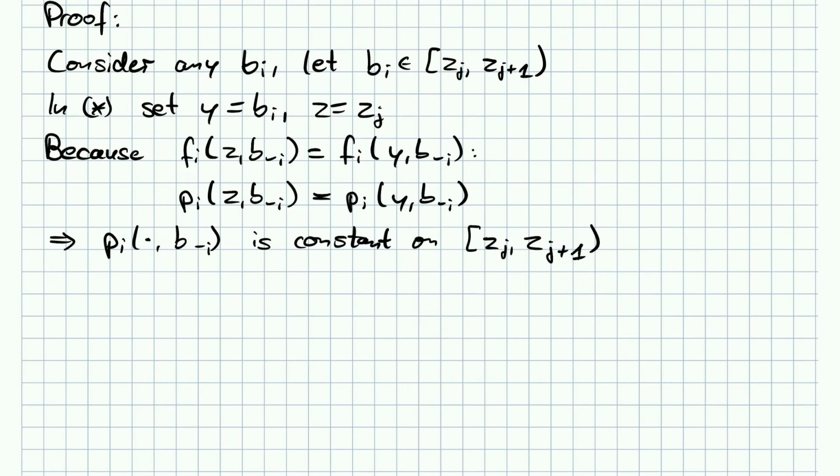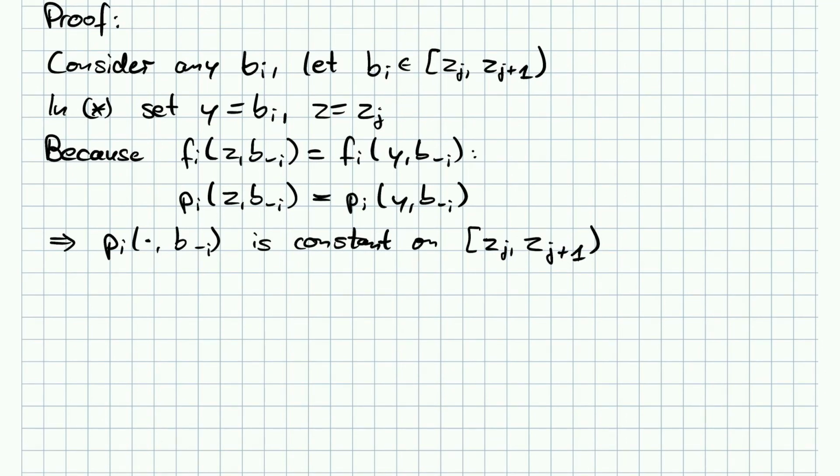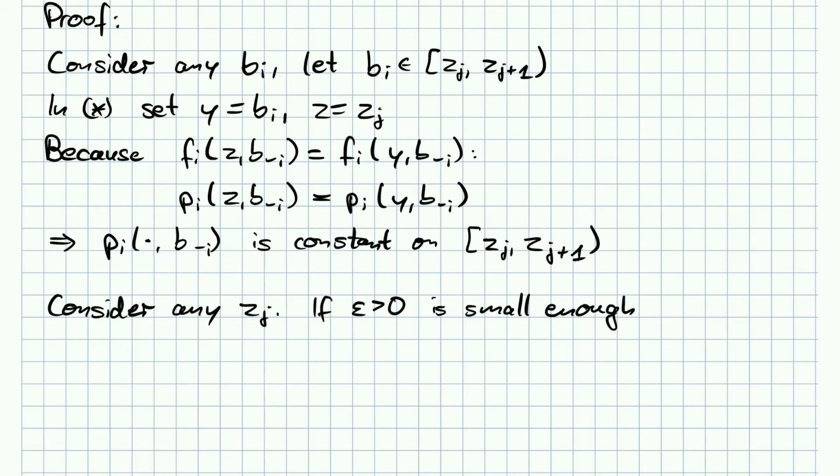Next, let's consider any zj. If epsilon greater than 0 is small enough, then we'll have that fi of zj minus epsilon, comma b minus I, will be equal to fi of zj minus 1, comma b minus I. What does that mean?